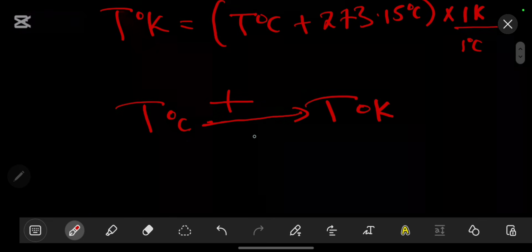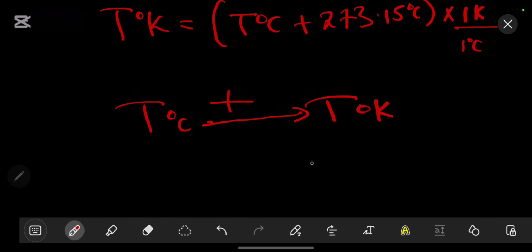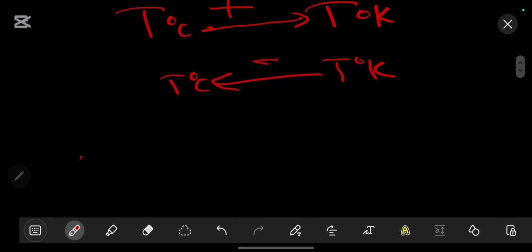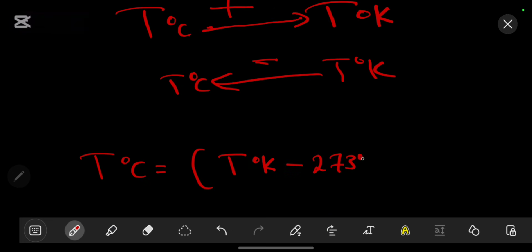Then when you are moving backwards, let's say the K is here and the C is here, you need to subtract because K is above C. So if you want to convert to the temperature in degrees Celsius, it shall be equal to the temperature in kelvins, then you subtract 273.15 kelvins, then multiply by 1 degree Celsius over 1 Kelvin.